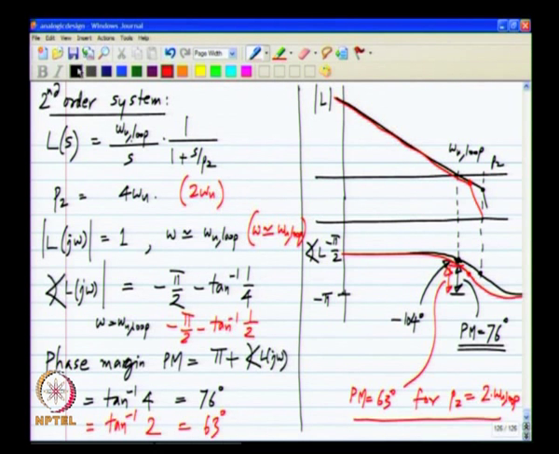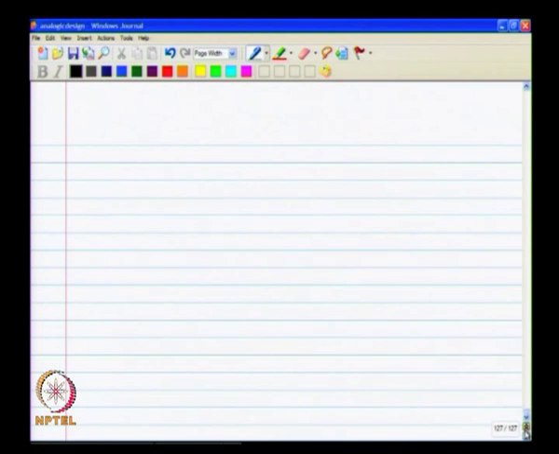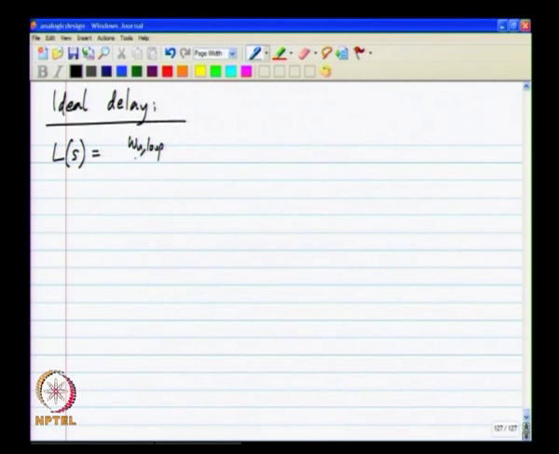Now, just to confirm our findings, we will do it for the case with ideal delay, for which the loop gain is omega u loop by s, the ideal loop gain, times exponential of minus s t d, which denotes an extra delay of t d.